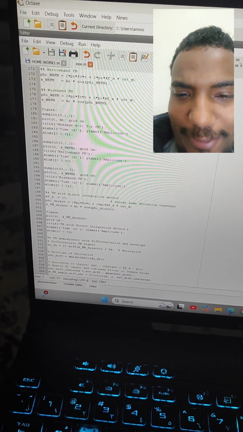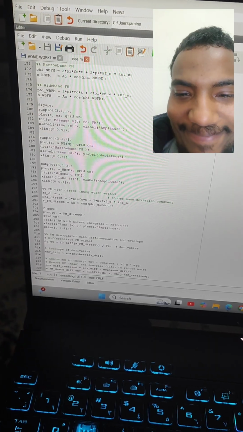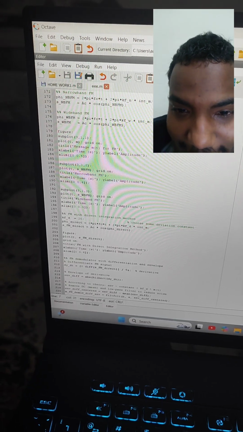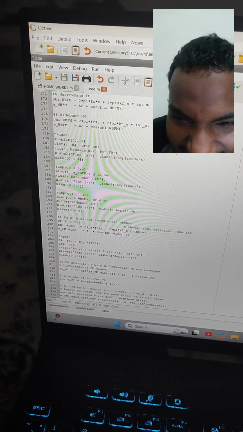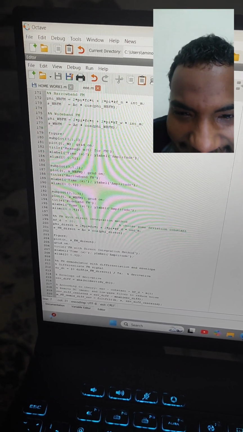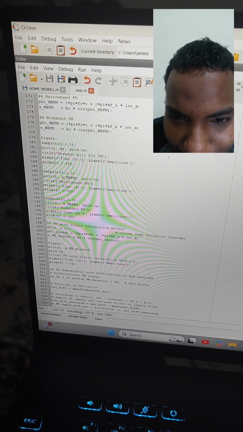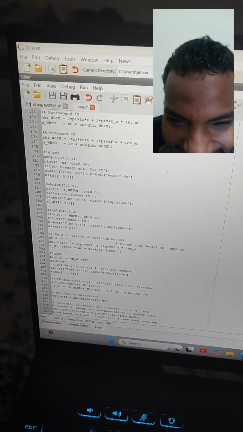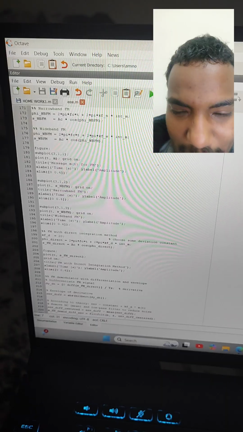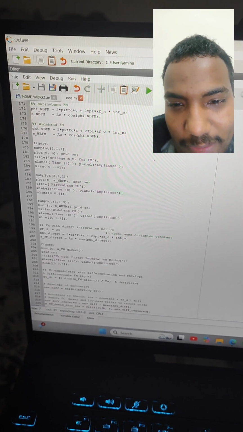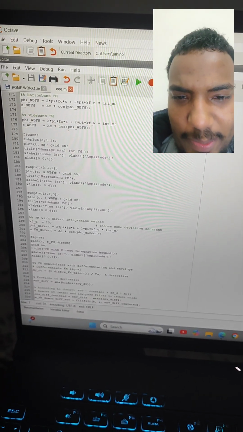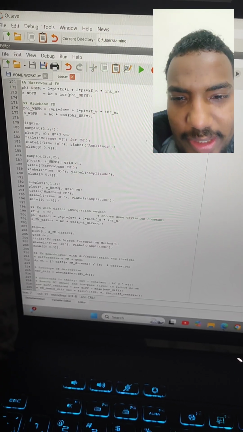Subplot 2 1 2, plot double sideband suppressed carrier, grid on, title: double sideband suppressed carrier signal. X label time, Y label amplitude, X limit 0.4. First subplot is the message signal, second subplot is the double sideband suppressed carrier signal.